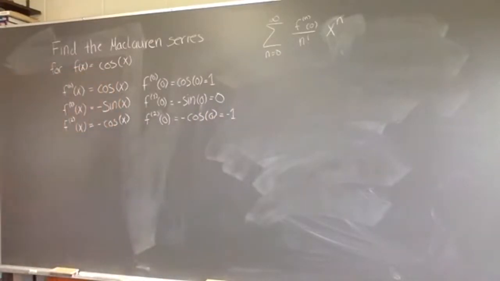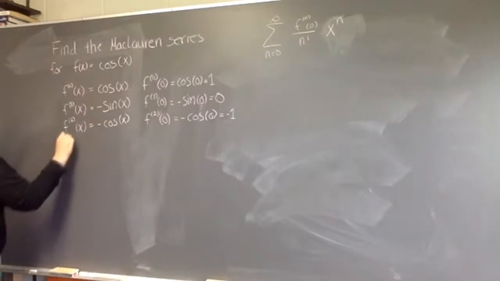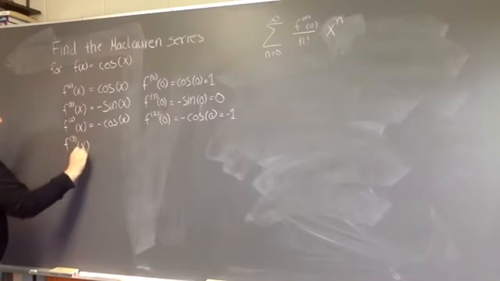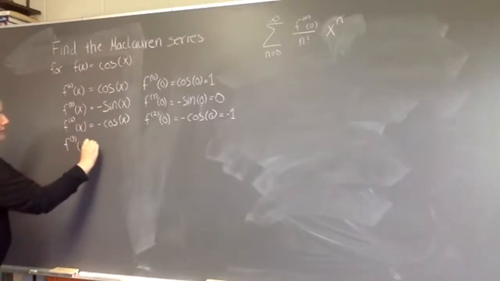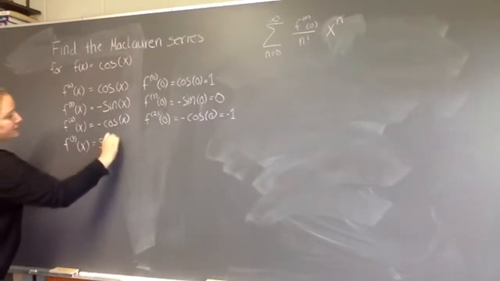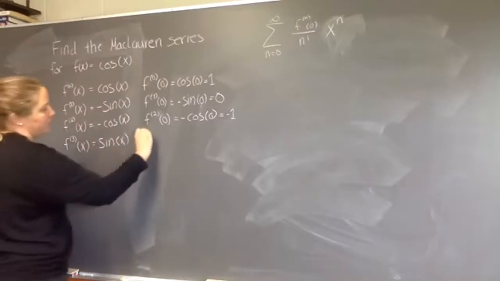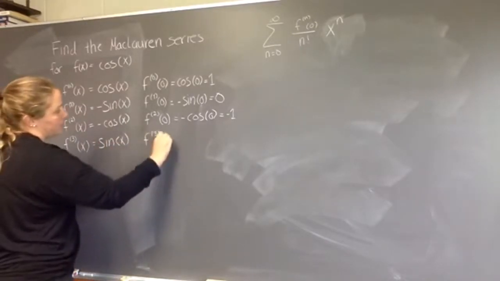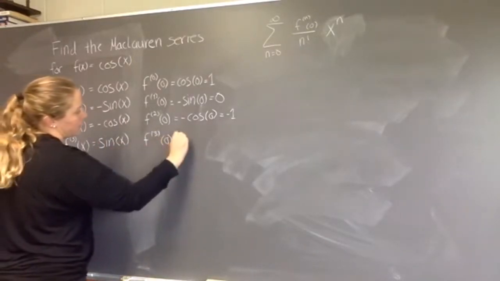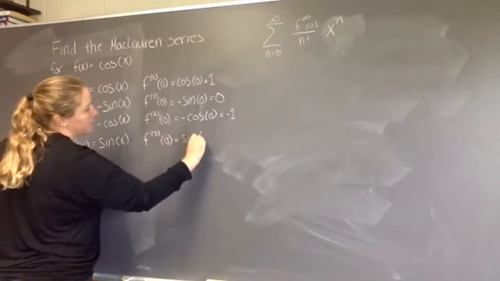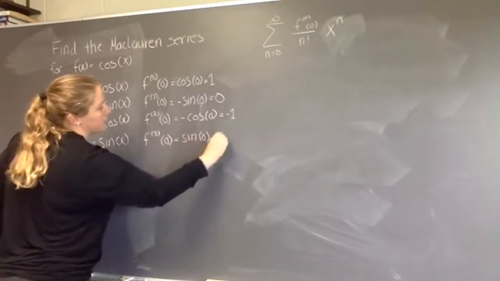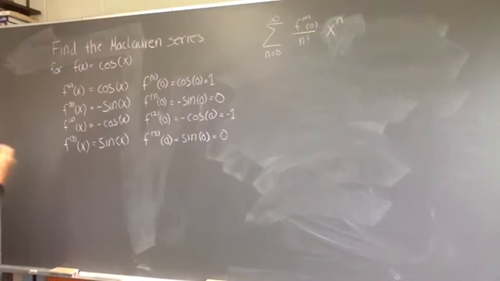And then we will see that this pattern repeats. The third derivative is negative sine of x, so we end up with sine of x. So sine of 0 equals 0. And then the derivative of sine is cosine.